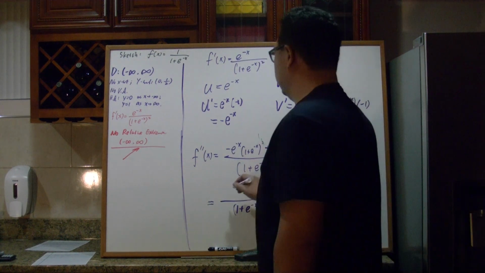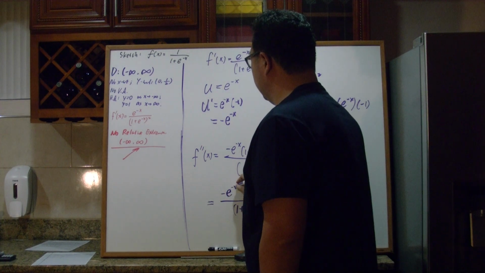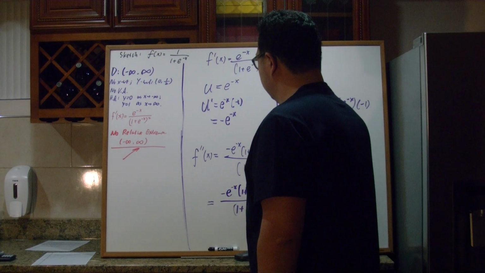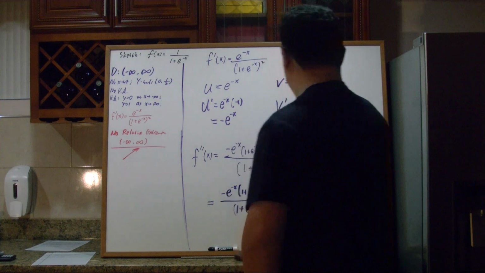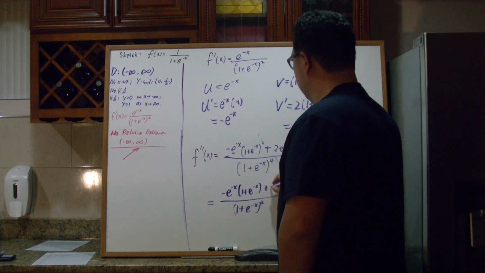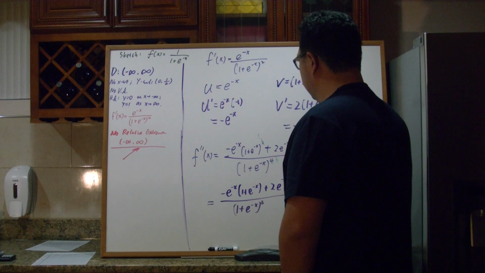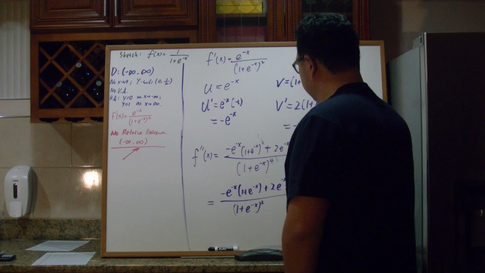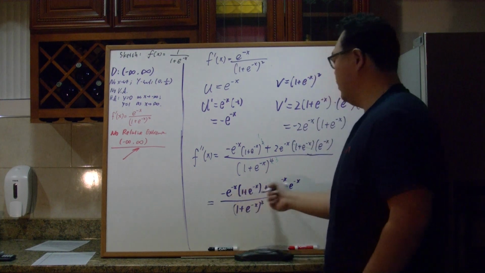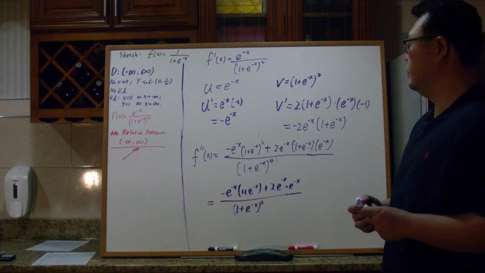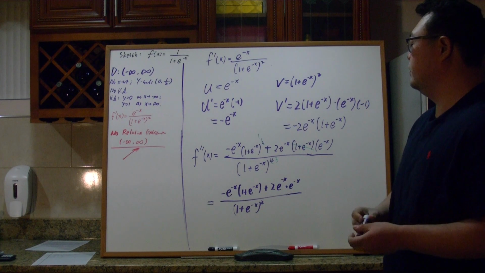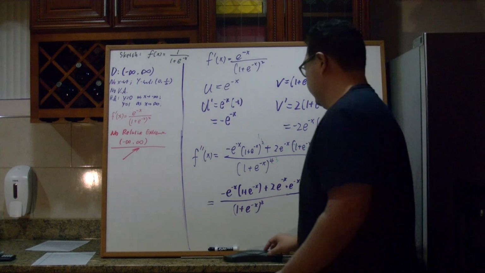The numerator is negative e to the negative x times 1 plus e to the negative x, plus 2 e to the negative x times e to the negative x. Why I do that is because I'm able to factor out the e to the negative x.